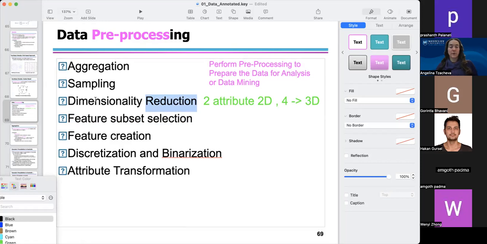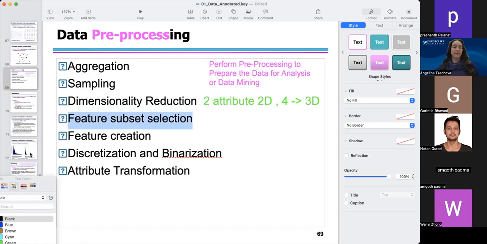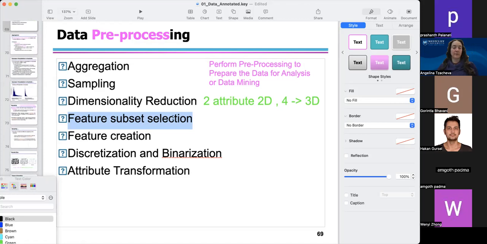So this is called dimensionality reduction. This is also called feature selection. We're going to choose the features or attributes that are best suited for our analysis. And it is important to remove the ones that are not needed because, like we said, the more attributes we have, the slower the analysis would run for us.